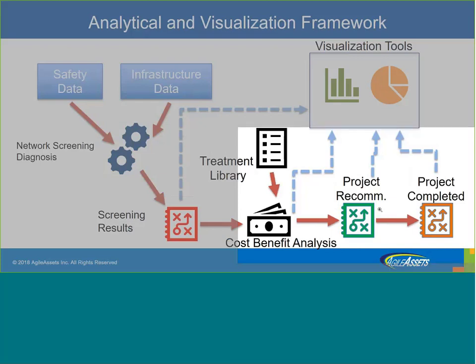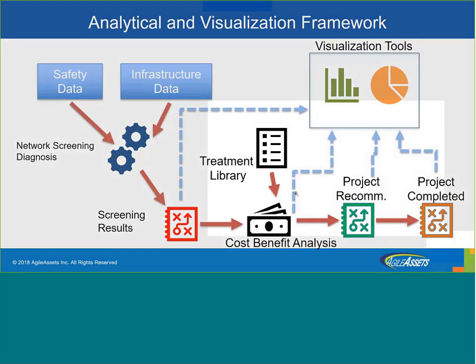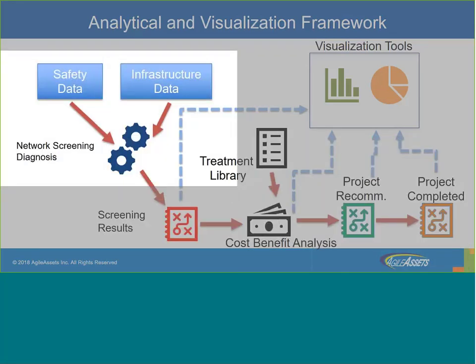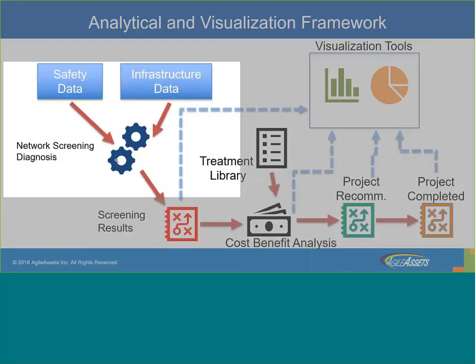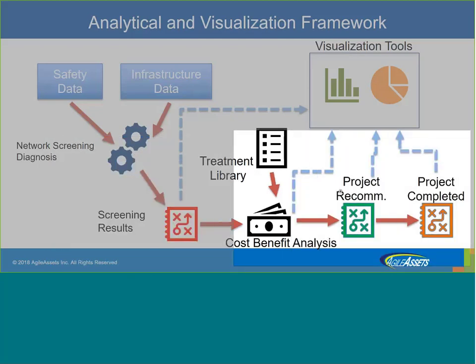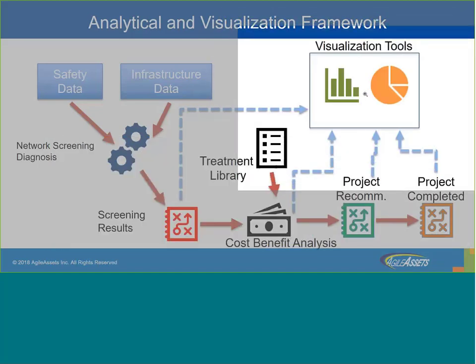And finally, when you complete the projects and we have the actual benefit of the project outcome, we can definitely consider that in our visualization as well. So in a nutshell, what I'm trying to say is that we have this Safety Analyst, which is a tool that can do all this analytics, and it runs different engines and different analyses to give you a very rich data set. And finally, the visualization tool can be used to visualize that information.